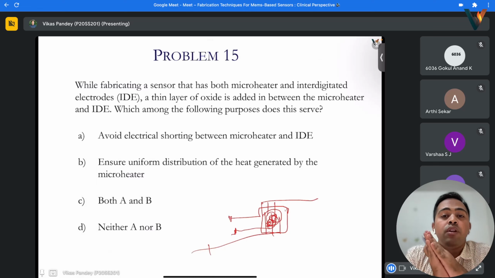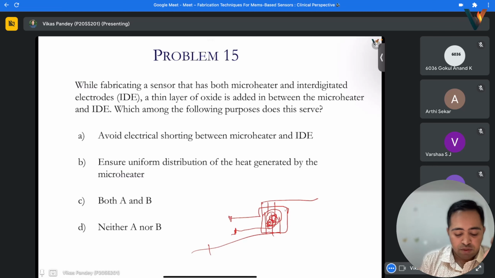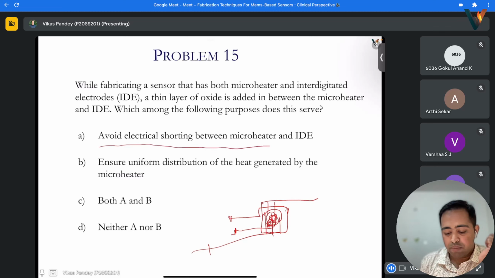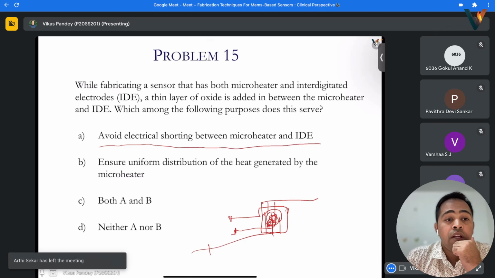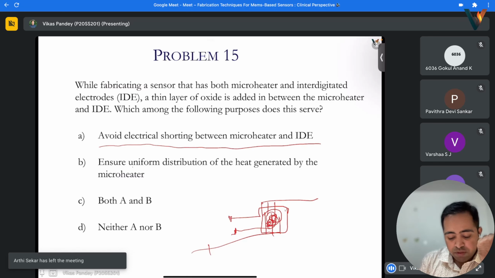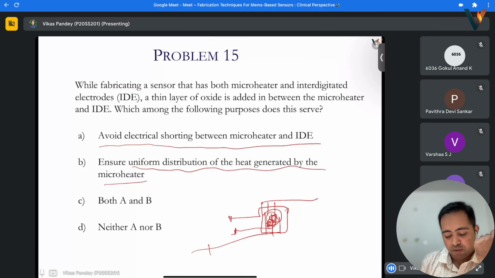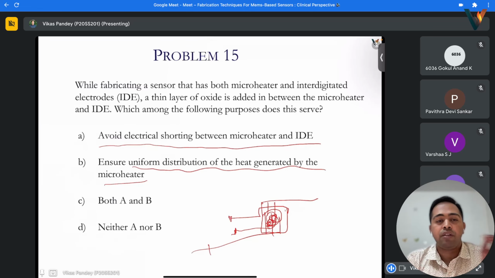Which of the following purposes does this solve? A: It is used to avoid electrical shorting between the microheater and ID. B: It ensures uniform distribution of heat generated by microheater. So, whatever the heat is there, it will distribute it uniformly. Is it both A and B, or neither A nor B?